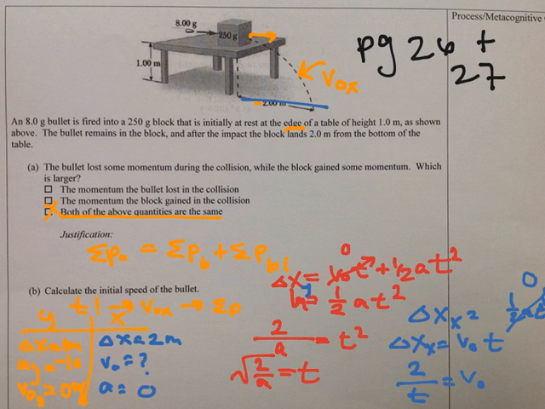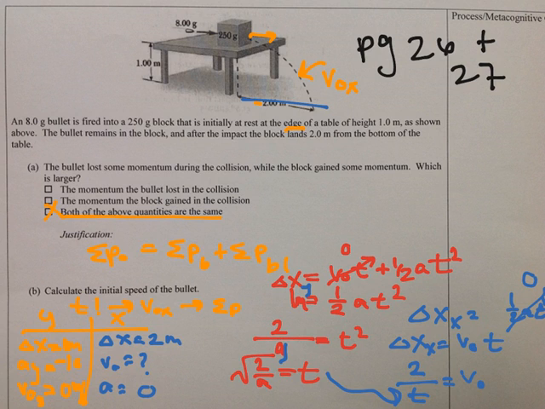Alright, so from here you can start plugging in some numbers. Once you plug in for your A, of course your acceleration in the y direction is just going to be gravity, right? So you can plug in for that, and then once you find this t, you plug in for here, you find your initial velocity.